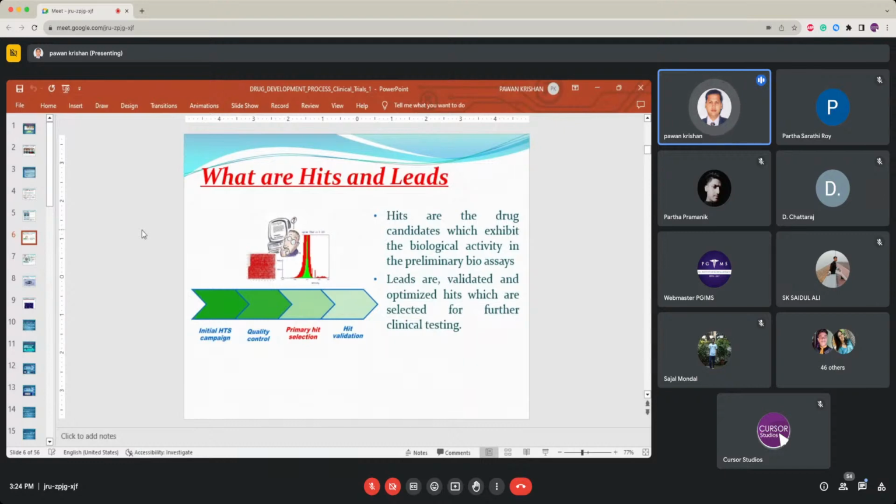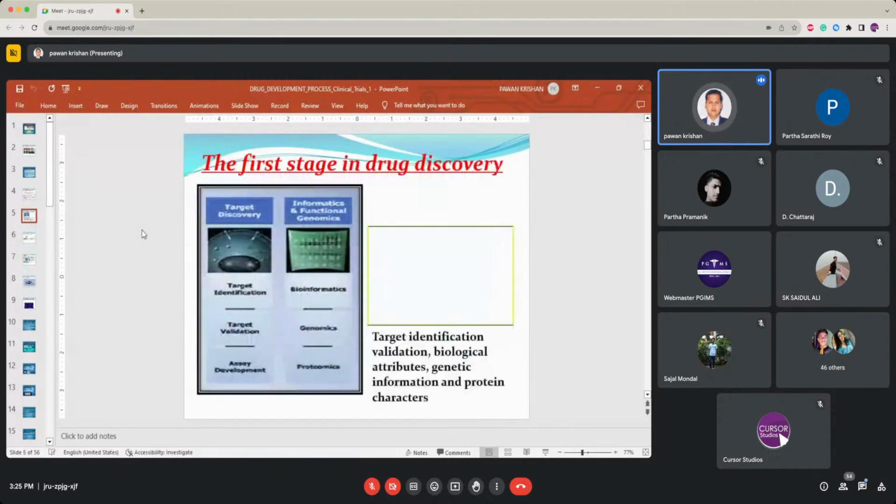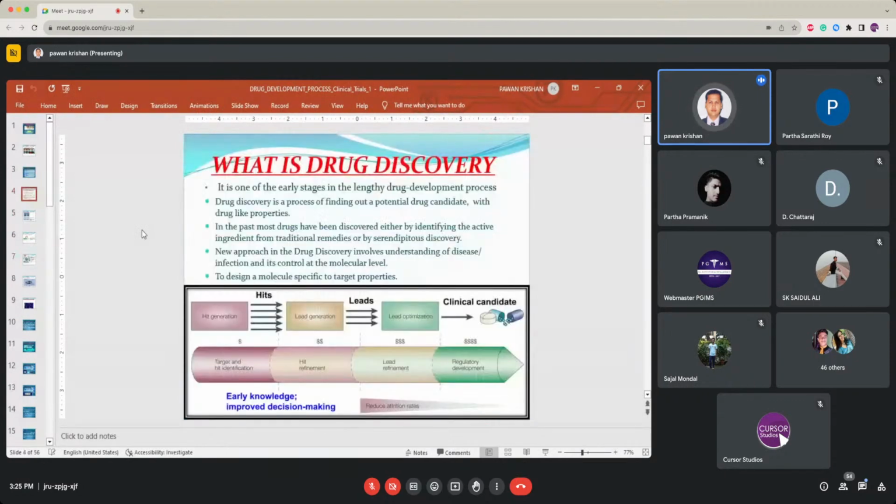They are then developed in depth. This is a figure which shows that some hits will be identified. Out of those hits, very few molecules will be identified as lead molecules, and these lead molecules will be optimized as clinical candidates for development of a new drug.